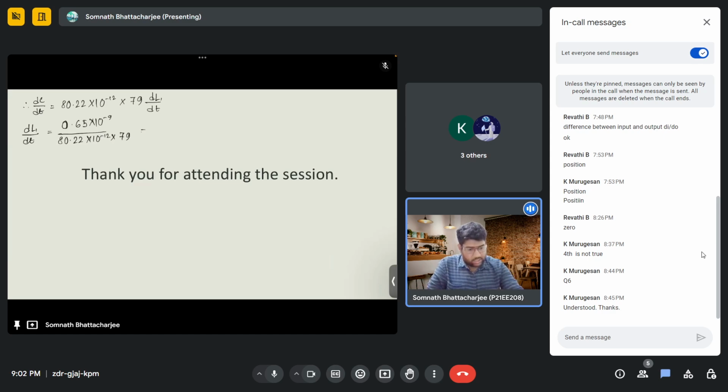So the value will be nothing but 0.10256 meter per second. And if we just convert it, that will be 25 centimeter per second. So this is the change in water level, that is L1 with respect to time.